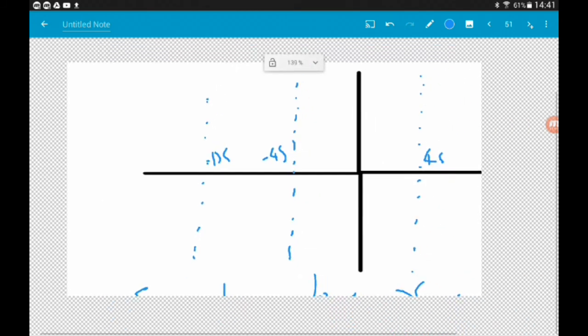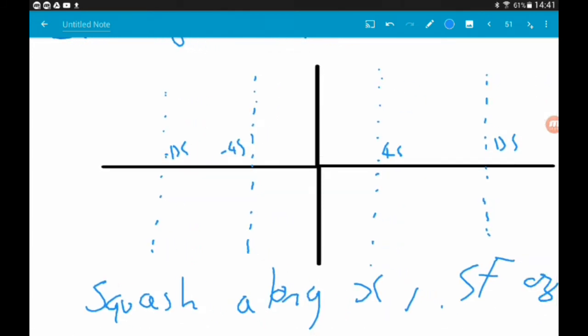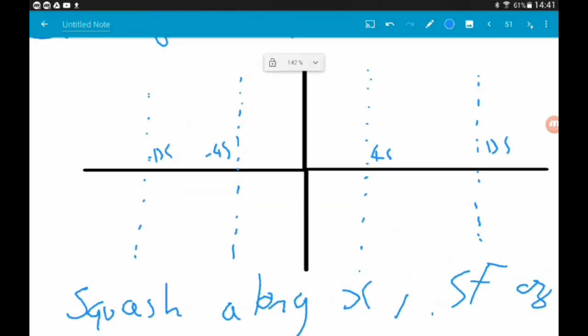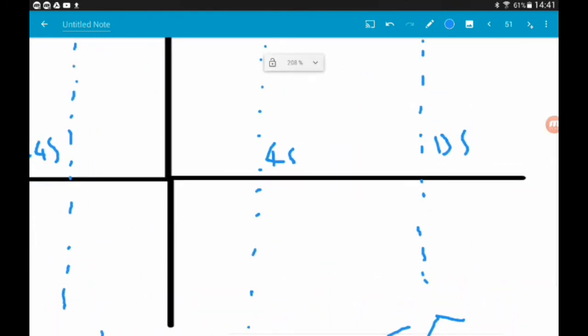Okay, so other than that then, the x-intercepts will also change. The first positive x-intercept of tan theta is at 180. So that is now going to be at 90. The second one is at 360.